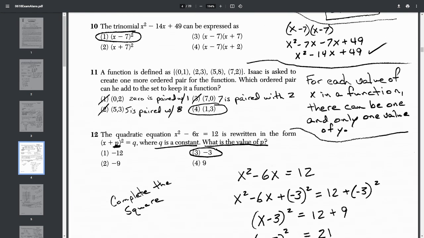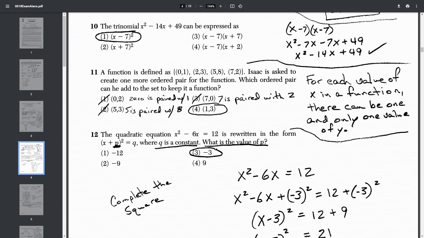Number 11, Isaac is asked to add another point and still keep this as a function. So we can't ever use the inputs of 0, 2, 5, and 7 again, unless we use the same output. So that's why choice 1 is eliminated. We already had 0 paired with 1, so it can't be paired with 2.